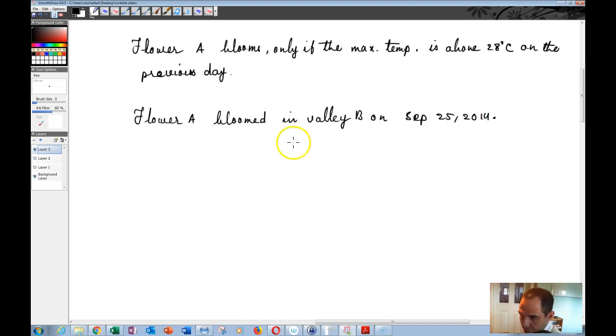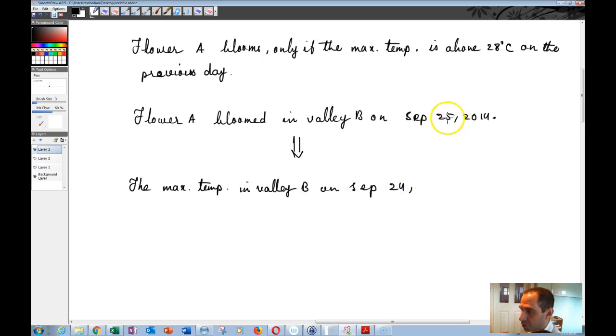So now based on these two statements that you have, you can conclude that the maximum temperature in Valley B on September 24th, not 25th, but 24th, 2014, was above 28 degrees Celsius.